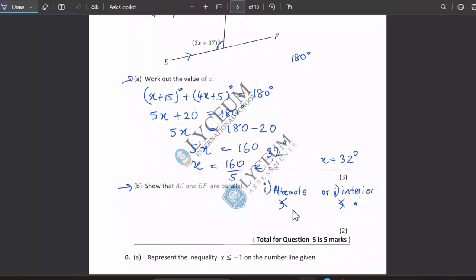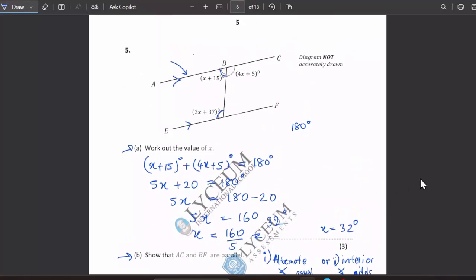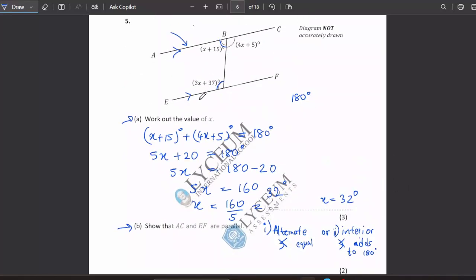So we know that alternate angles should be equal. And interior angles, what it does, adds up to 180. So these are the two things that if AC and EF are parallel, these two things happen.